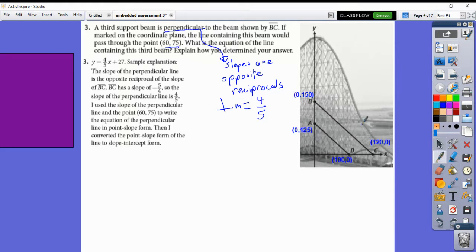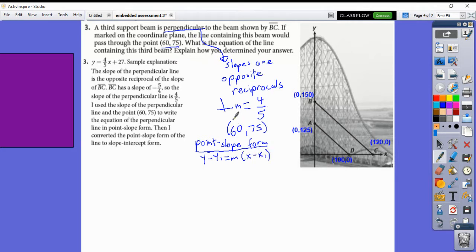Now, if you have a slope and a point, (60, 75), you can use point slope form. Great algebra review, this activity. So point slope form is y minus y1 equals m times x minus x1.